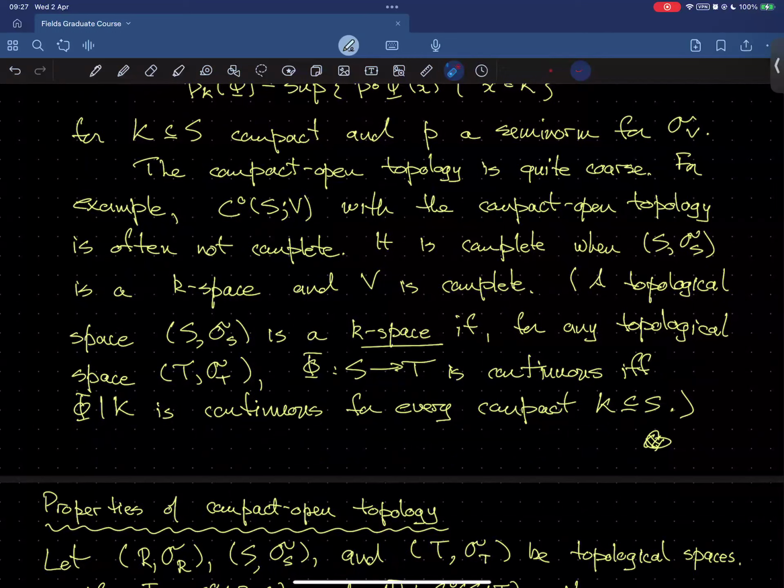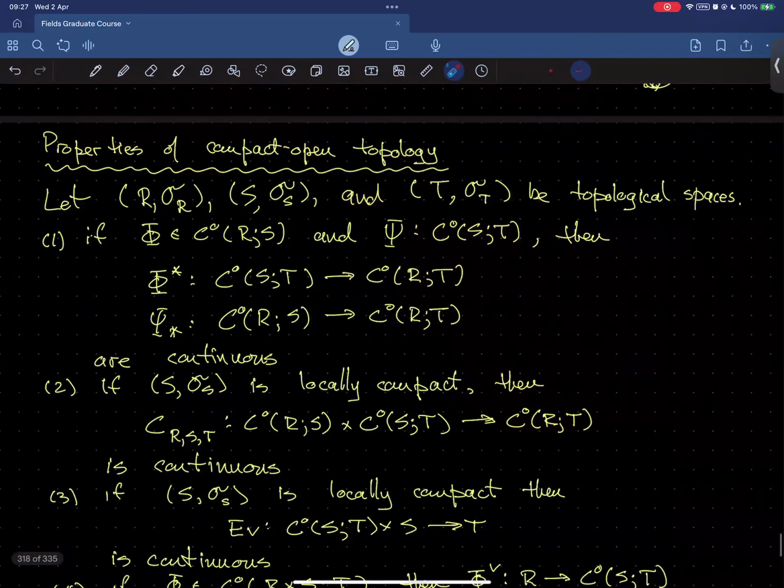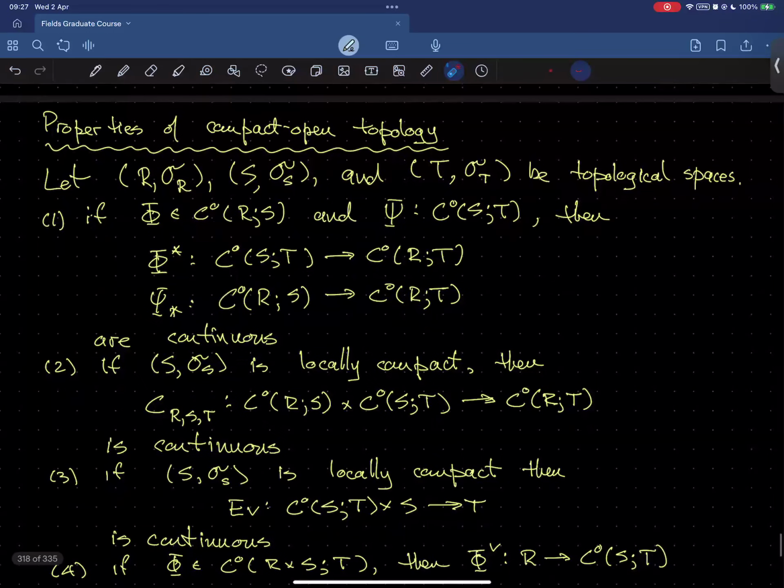The main point here is that for the first time we see that sometimes you need conditions on the domain space, or one of the spaces involved, in order for things to be well behaved. And we'll see various other instances of that, some of them coming up just now.